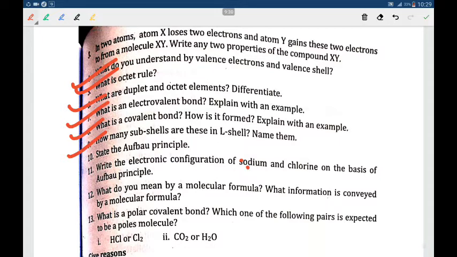The Aufbau principle is the way of filling the electrons in different energy levels. Here you have to keep in mind electrons are filled at first in 1s, then 2s, 2p.